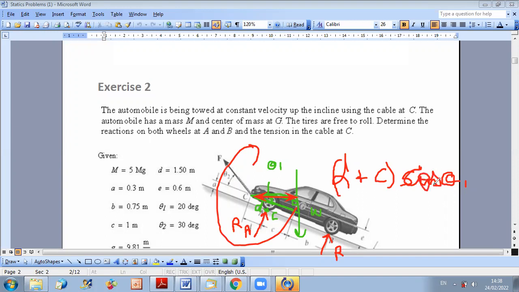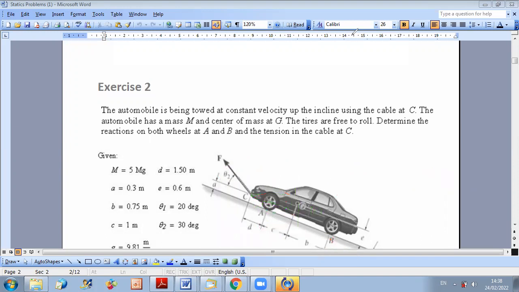Cosine theta 1, okay? And now, to get the moment of RA and RB about C, I determine the distances. So for RA, the distance is D. And since my force is upward, it will do a moment about C in the counterclockwise direction.